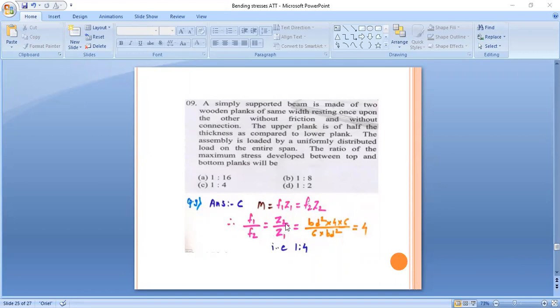So F1 by F2 is equal to Z2 upon Z1. Z2, with same planks given, is BD square into 4 into 6, divided by Z1, which is BD square upon 6. So this BD square gets cancelled, this 6 gets cancelled, and what is remaining is 4. So the ratio is 1:4. So option C is the correct answer.